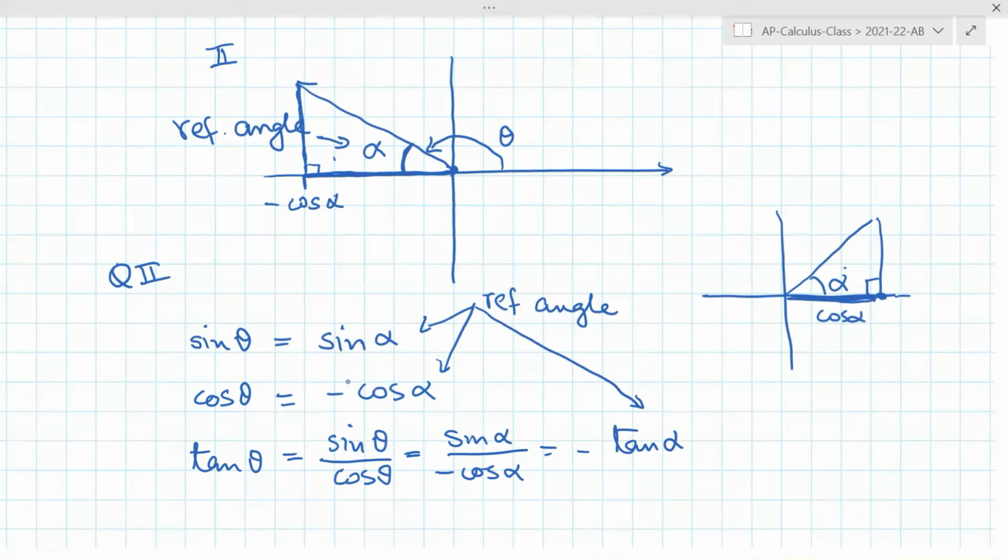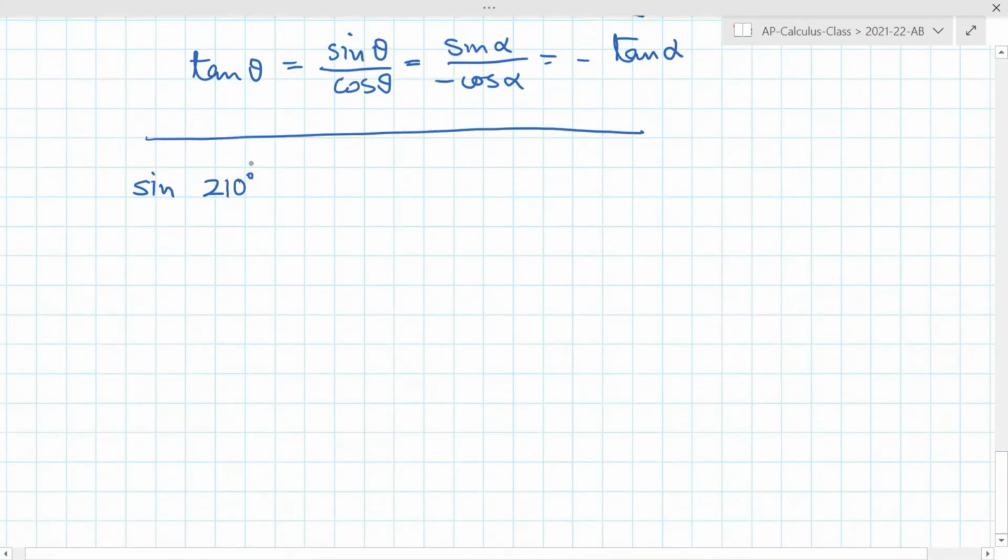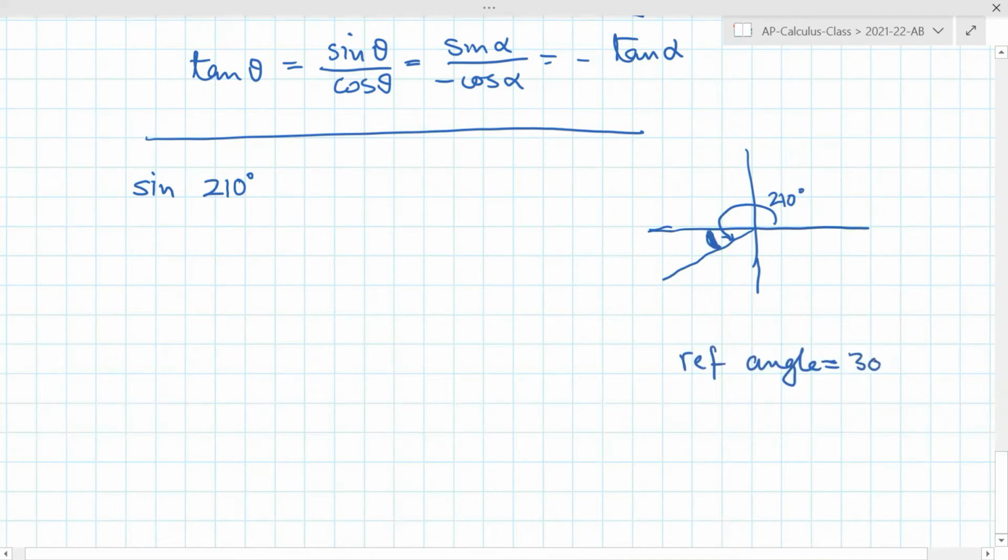So let's look at some examples. So it will be here somewhere, right? So what is the reference angle here? 30 degrees. Correct.